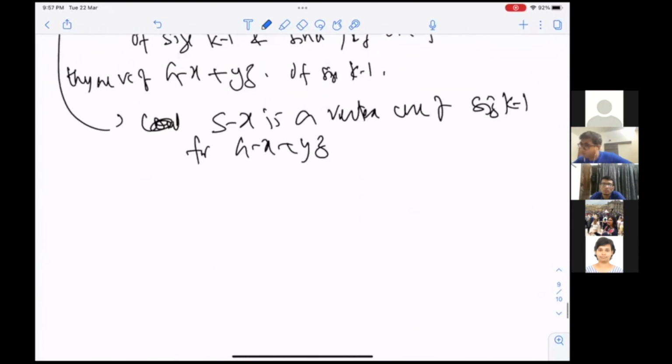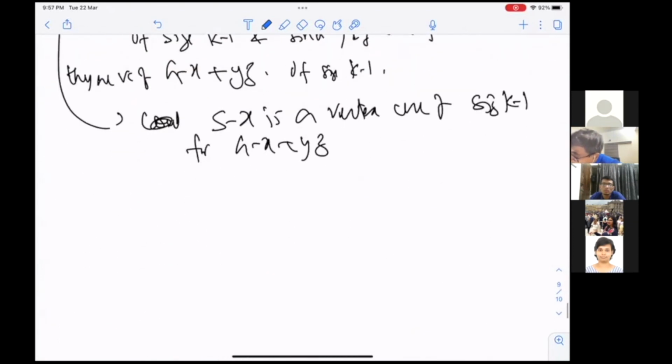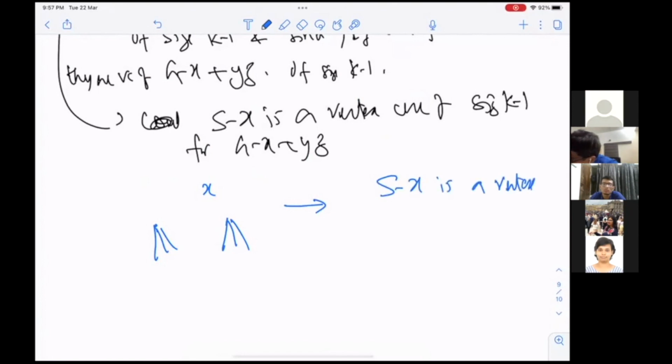None of Y and Z are present. Okay, so now we know that X is here. None of Y and Z are present, which implies that for the forward direction, still S minus X is a vertex cover of G minus X, of size K minus 1. So this is perfectly fine, right?